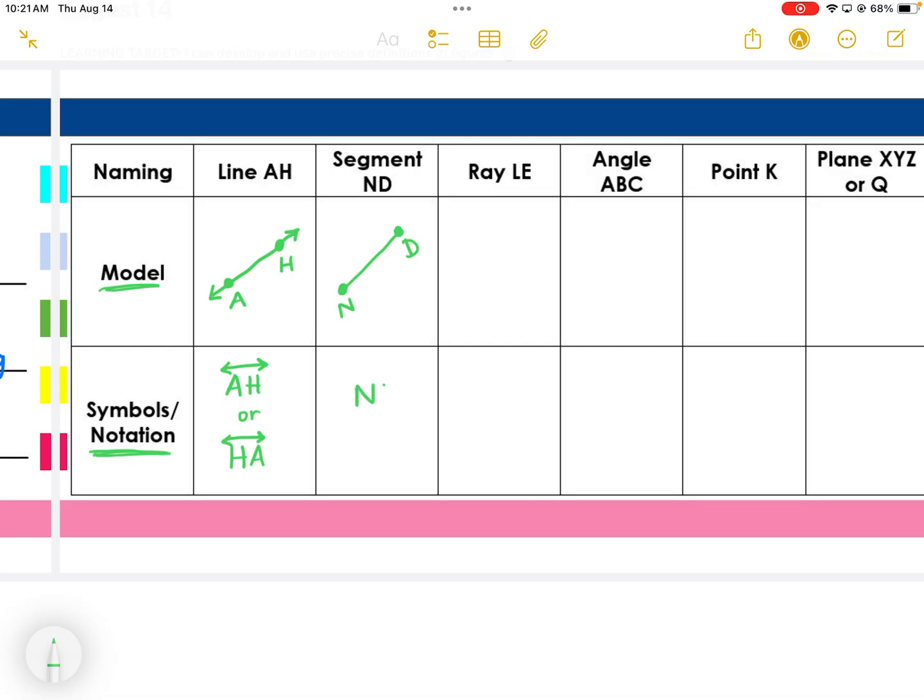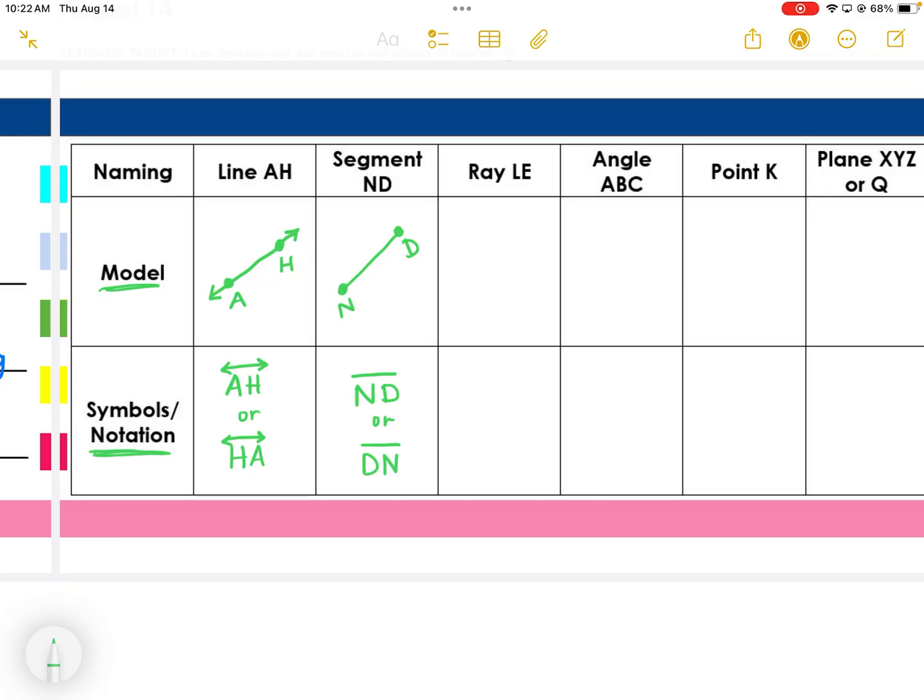So ND, and you'll just draw that little bar over it. No arrows, because segments are just a piece. They don't continue. Or you could also call it DN. The order of the letters doesn't matter here.